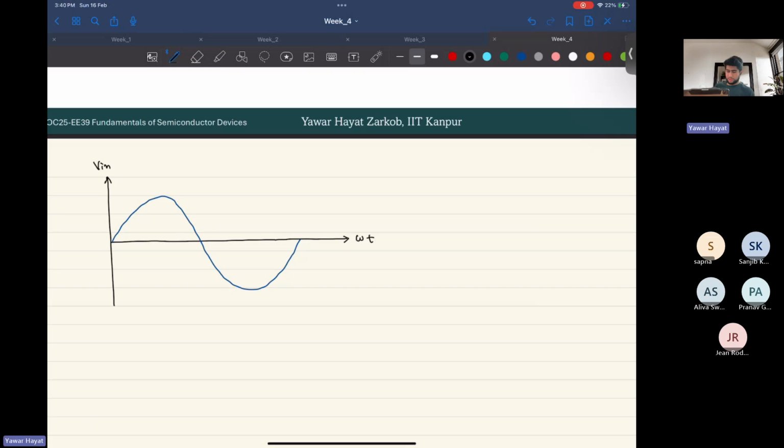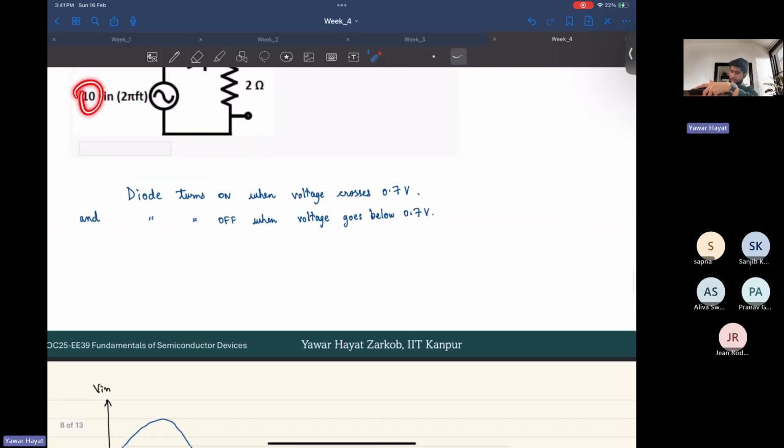This is V input. This is 0. This is pi. And this is 2 pi. Now, how much is this? 10, right?